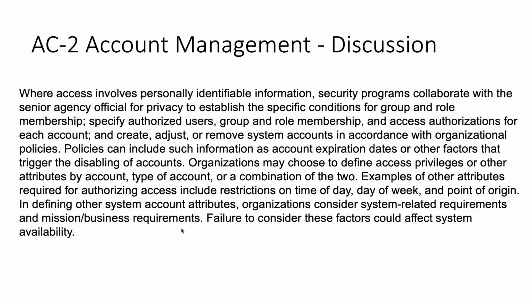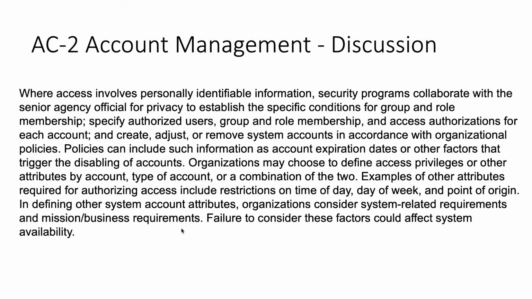Revision 5 is all about that. As we pointed out yesterday, the security controls are gone, the privacy controls are gone. They're just controls, right? So security and privacy have to work hand in hand. When we're talking about PII, we're talking about privacy, and we need to make sure the security folks and the privacy folks work together so we cover down on both security and privacy when we're building this account management.